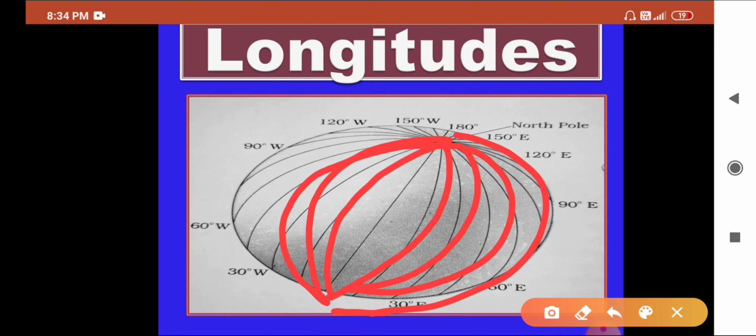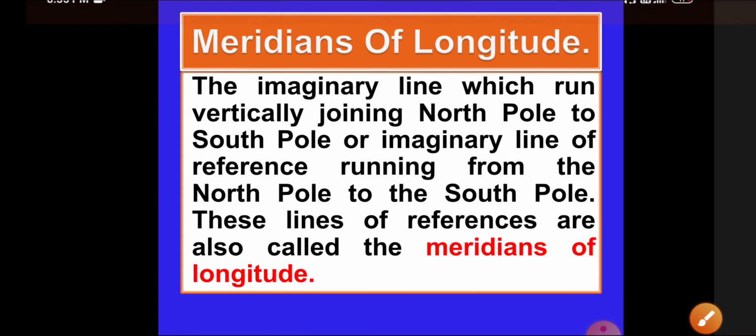When we see this picture of the earth, we find that it is flat on the top whereas bulky on the sides. We have 180 lines in the eastern hemisphere and 180 lines in the western hemisphere. All these lines are joining here on the poles. So these are called longitudes, right? I hope that you will understand longitude easily.